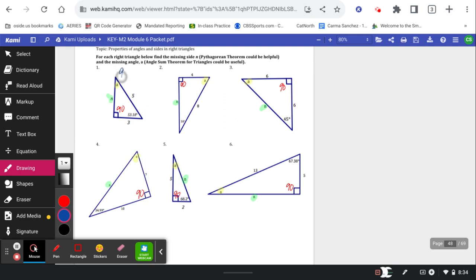So you've got 90 plus 53.18 plus missing angle A equals 180. So I'm grabbing a calculator. 90 plus 53.18 is 143.